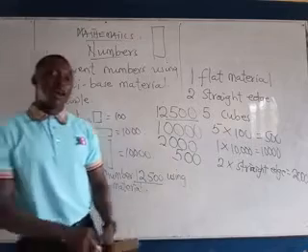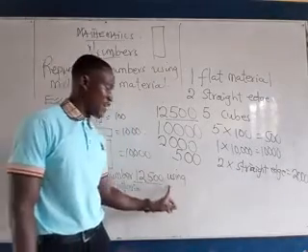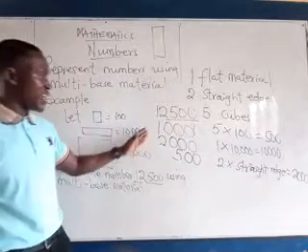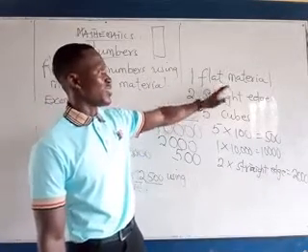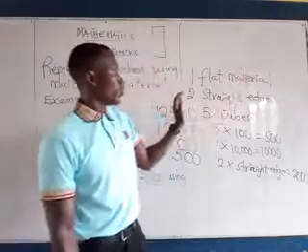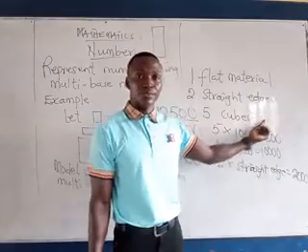Now we have answered the question. The question says we should represent 12,500 using multi-base material. So we will need 1 flat material, 2 straight edge, then 5 of the cube.